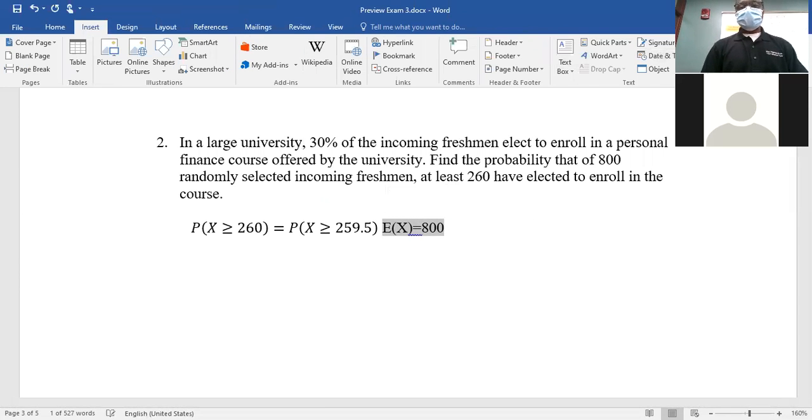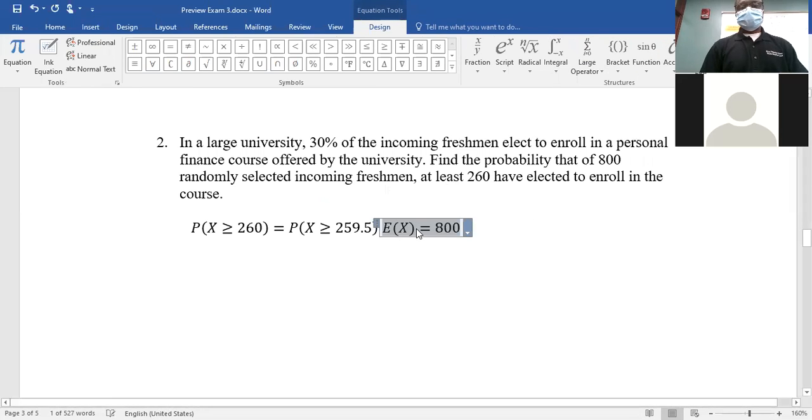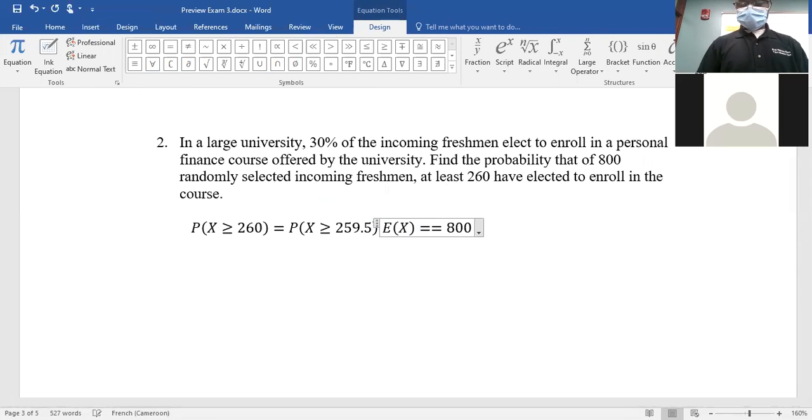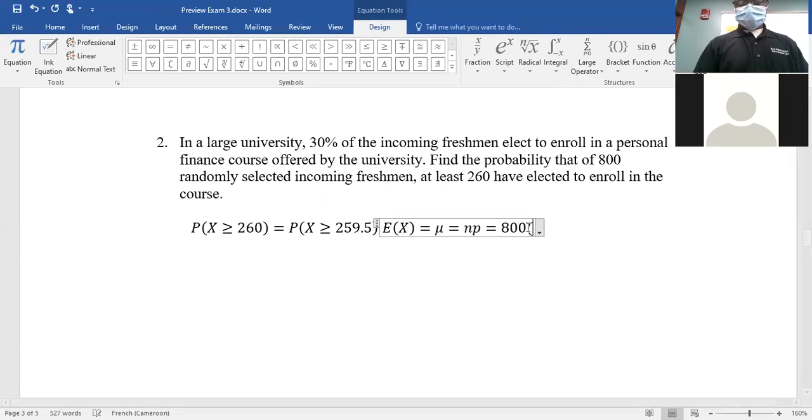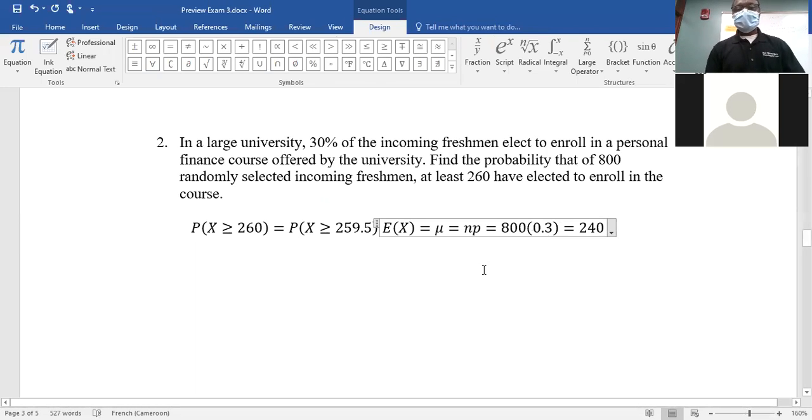The mean here is the same thing as mu. It is np, which is 800 times 0.3, which is 240.